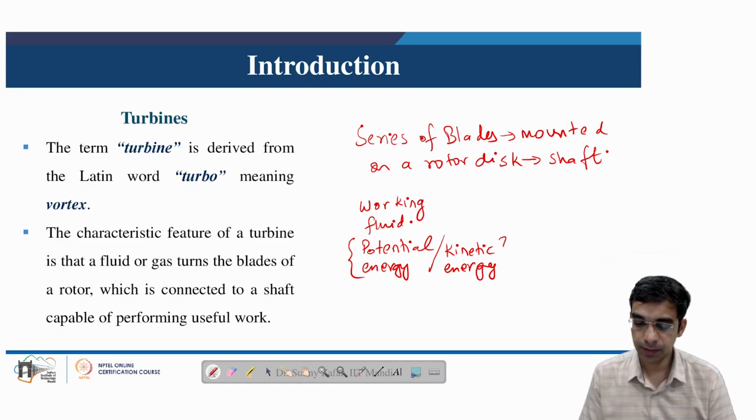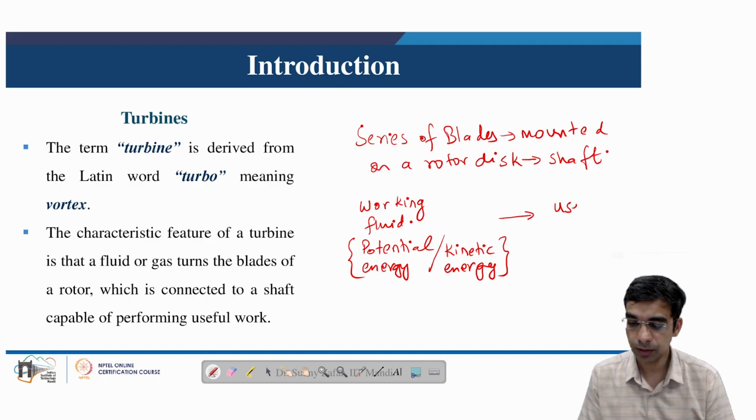Now what happens in the turbine: this potential or kinetic energy in the working fluid gets converted into useful work. Consequently, this useful work is mostly used for generation of electrical power.